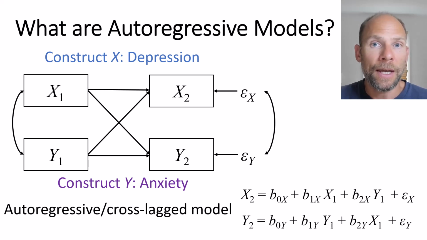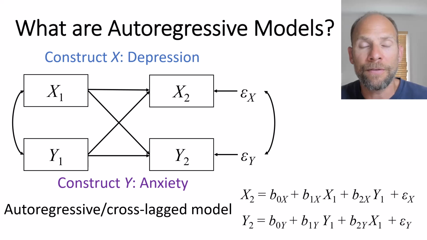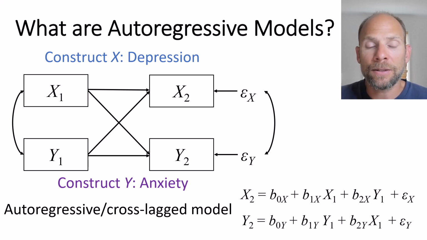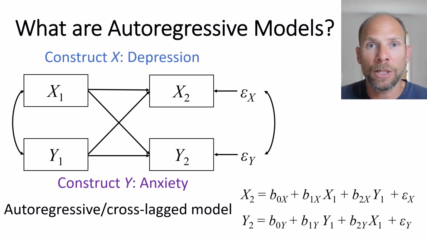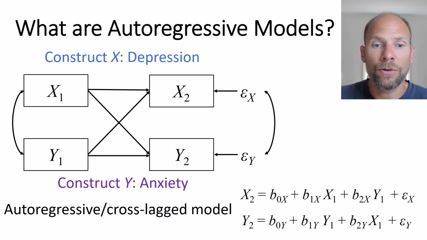There's an error term in each equation, because we have to assume that neither the autoregression nor the cross-lagged effect accounts for all of the variance in the x2 and y2 variables. There's still measurement error involved, and also there are potential other causes, other variables that explain variability in those variables. So an error term is still included.